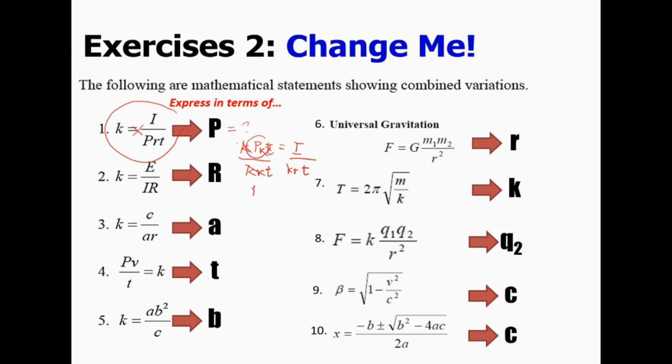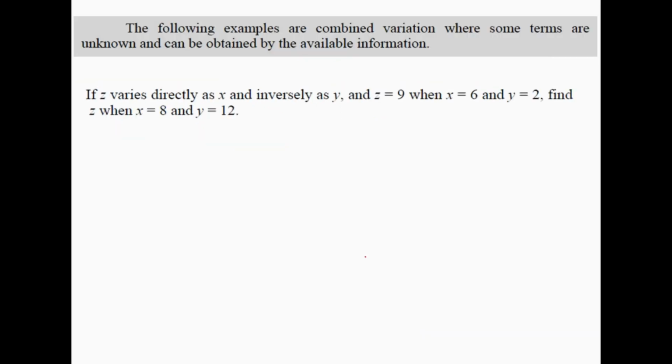So, therefore, P equals I over K R T. So, this is how we derive the formula. I'm not going to elaborate all of these equations. Maybe for my next video, I am going to show you how to derive those equations. So, let's now proceed to solving combined variation.